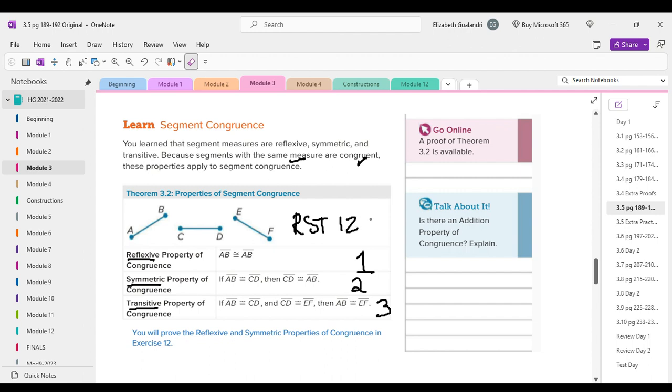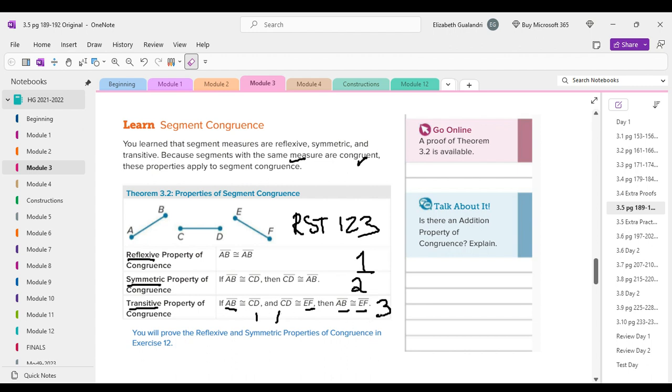You're going to use the reflexive property the most and the transitive property the most. The symmetric property will happen when we're using algebraic proofs, but it doesn't happen a ton otherwise. Again, the other thing with the transitive property is that if two things, so in this case AB and EF, are congruent to the same piece, so that's CD, then they're congruent to each other.